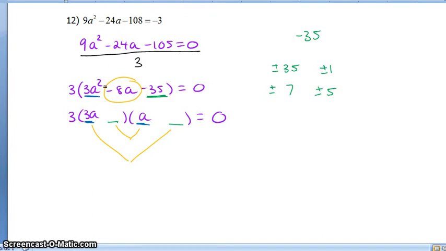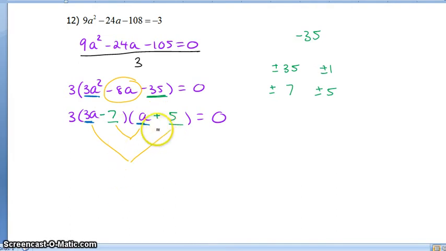I know one has to be negative and one has to be positive. And I know that the 3a is going to be multiplied by this term here. So let's just try, let's put a 5 here and a 7 here, just for fun. Okay, so here if we put a 5 in this place and a 7 in this place, and let's do negative here and positive here.